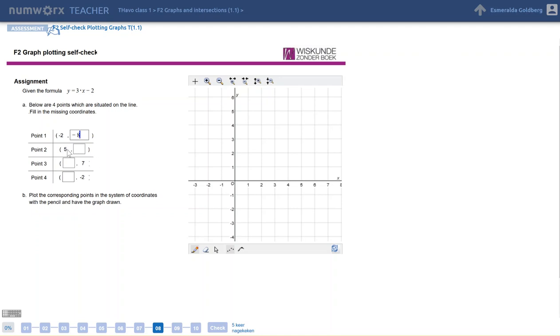For point 2 it works the same, fill in 5 for x and calculate the result. Point 3 then, there we get the y coordinate and we have to find the x coordinate. So the y coordinate is 7. That means I can replace y by 7. That means I get the equation 3 times x minus 2 is 7, which again I can solve using the card method.